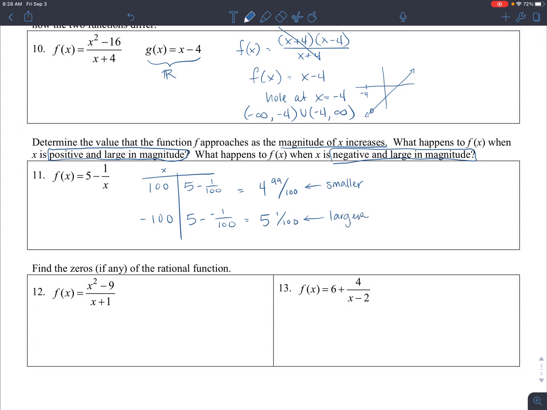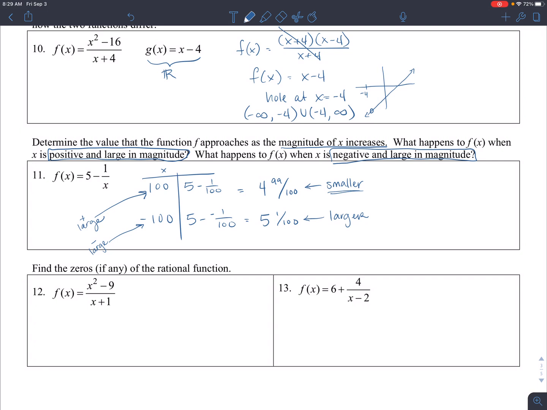So what happens to f of x when x is positive and large in magnitude? We get a slightly smaller value than when x is negative and large in magnitude. All right.